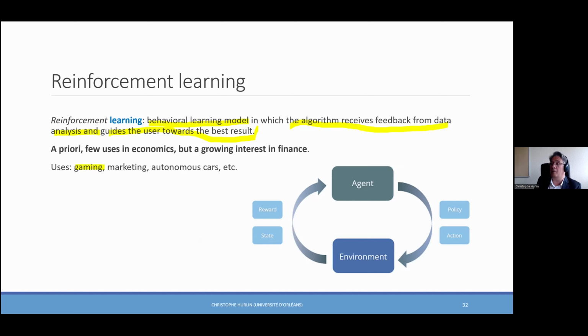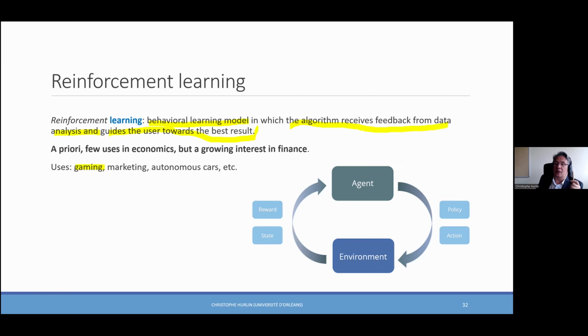The player makes an action, and there is feedback from the environment of the game, and then there is behavioral learning that changes the way you decide your actions.